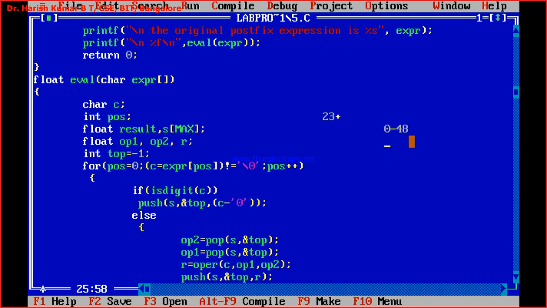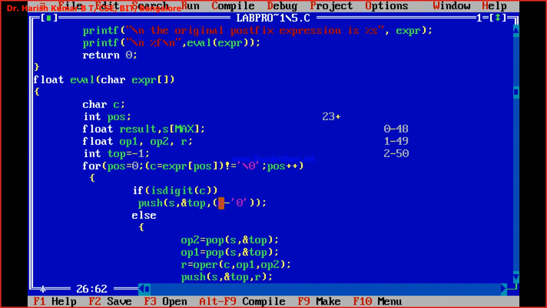Now I'll take 1. For 1 how much is it? 49. And for 2 how much is it? 50. Now when you are saying isdigit of C here, it is not 2, it is isdigit of 50. Is 50 a digit? Yes, it's a digit, and the condition is true. You come here, ampersand top.